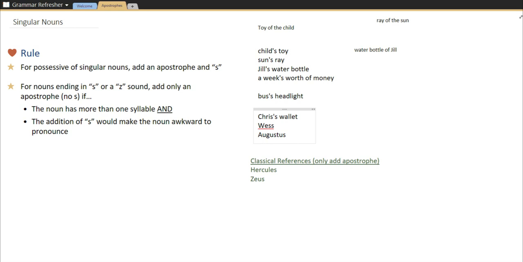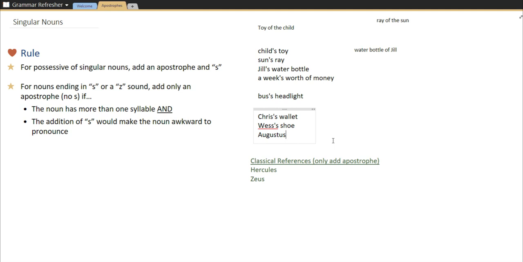Okay, here's another example. Wes, one syllable. It's a name that ends in S. And now we're going to have three S's in a row. And even though it may look strange, it's actually grammatically correct. Wes's shoe. Now let's look at the name Augustus. Augustus has more than one syllable. And if we add an extra S, it would make the word a little harder to pronounce.